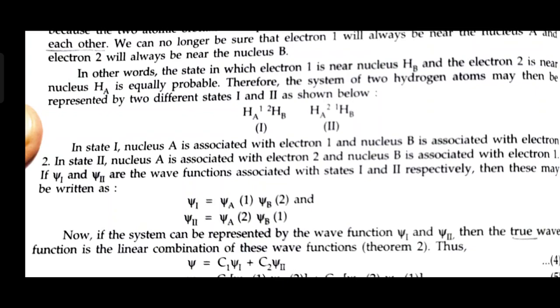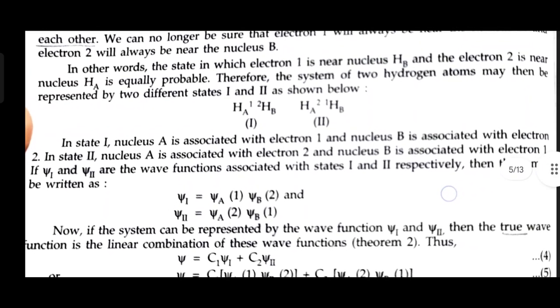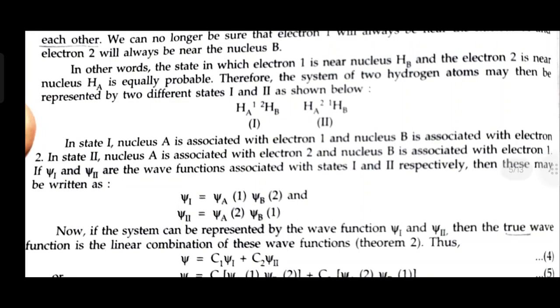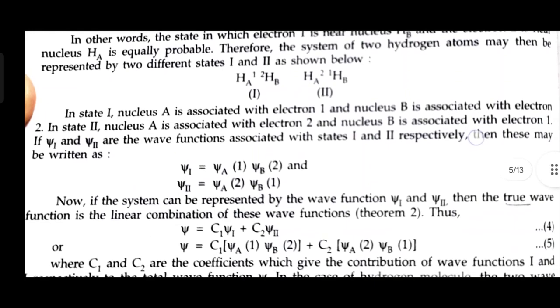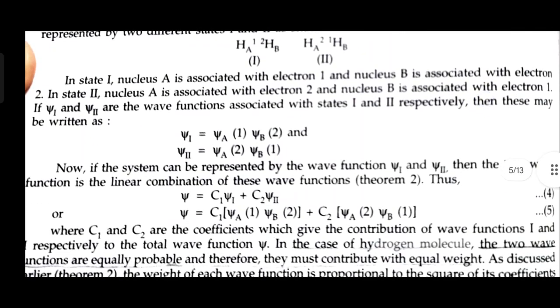In state 1, nucleus A is associated with electron 1 and nucleus B is associated with electron 2. In state 2, nucleus A is associated with electron 2 and nucleus B is associated with electron 1. If psi 1 and psi 2 are the wave functions associated with states 1 and 2 respectively, then these may be written as psi 1 equals psi A(1) psi B(2) and psi 2 equals psi A(2) psi B(1).